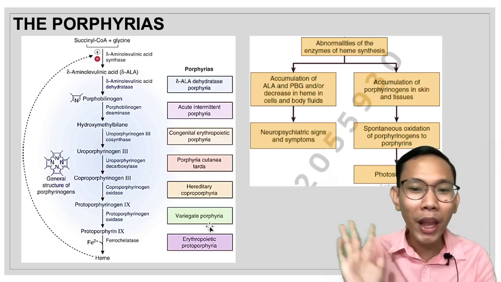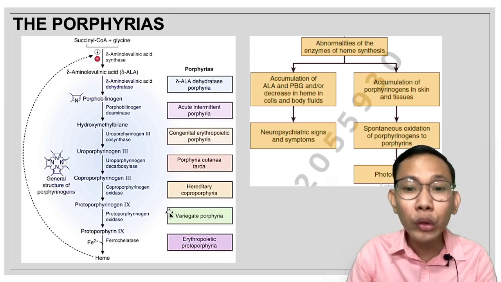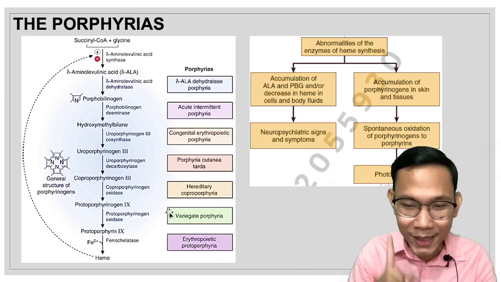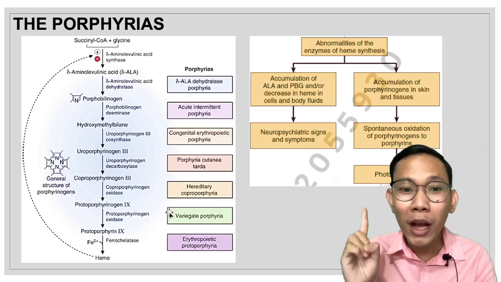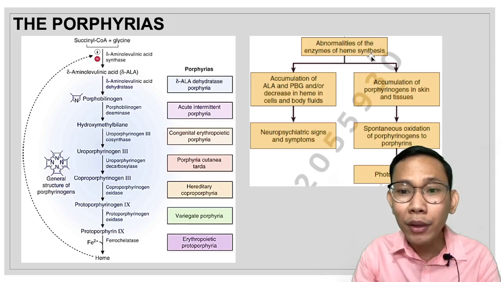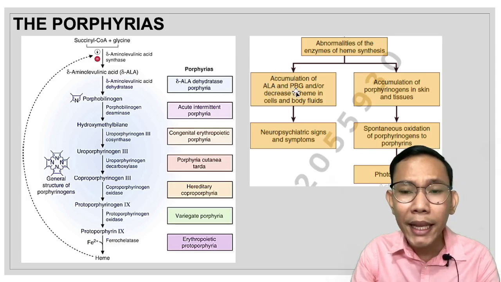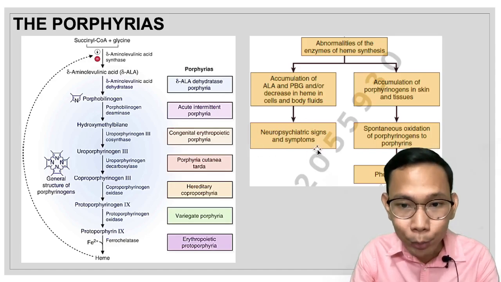Okay, ganito na lang. I don't require you to memorize this one, but I just want you to identify the important concept. Ito yung concept na gusto ko lang malaman nyo. If there are abnormalities of the enzymes of your heme synthesis, with accumulation of your ALA and PBG or decrease in the heme or cells in the body fluids, it will create neuropsychiatric signs and symptoms.